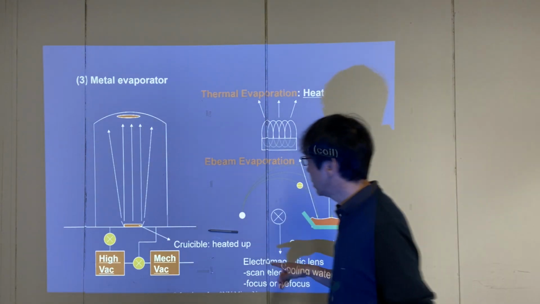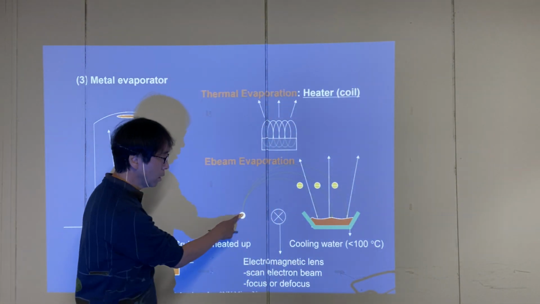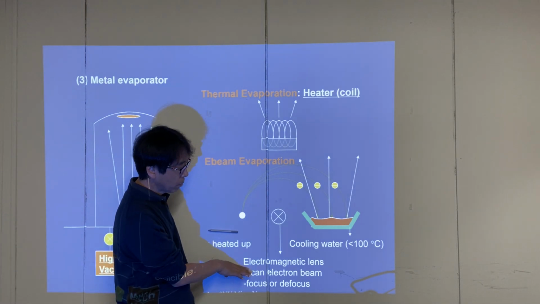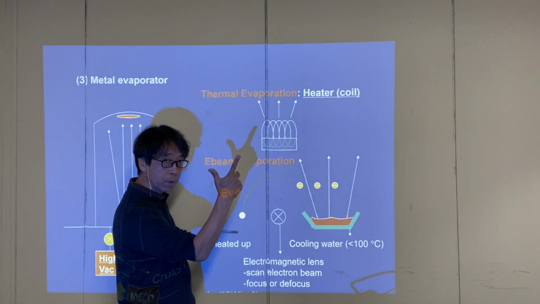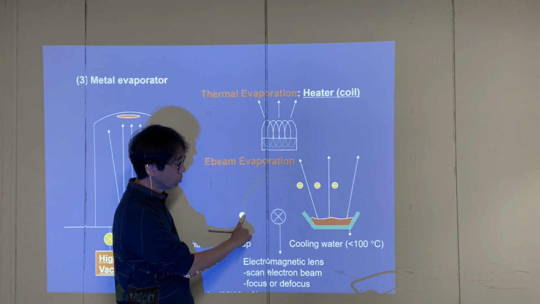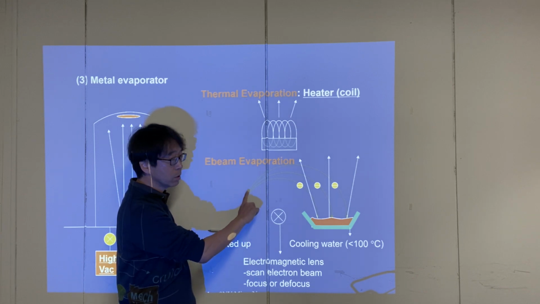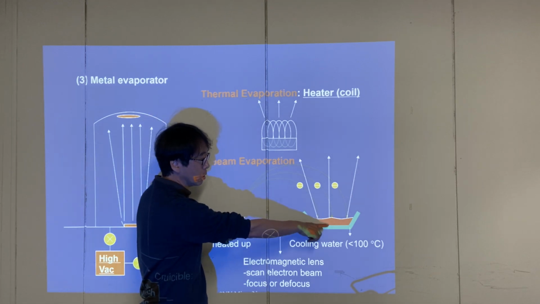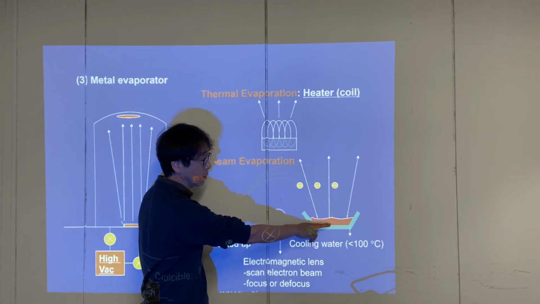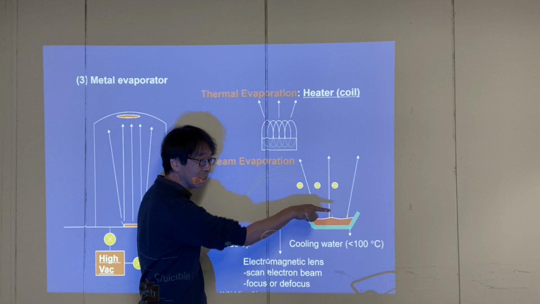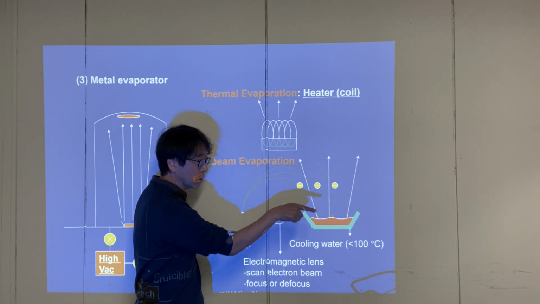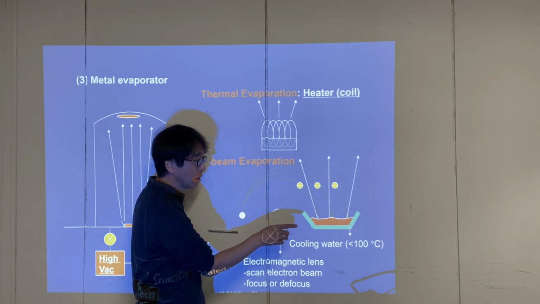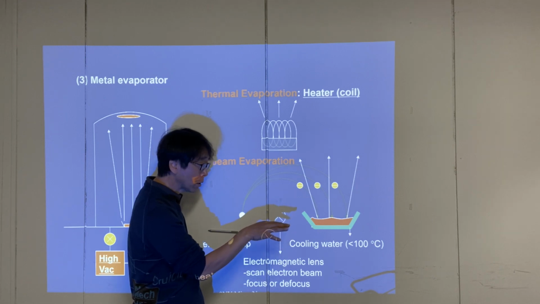So you have again the electron source right here. You have again the electromagnetic lenses, and you can control the path of these ions, well, basically electrons, that actually land upon this crucible pellets. Okay, so you can scan X and Y and create certain pattern of the scanning to melt this metal effectively.